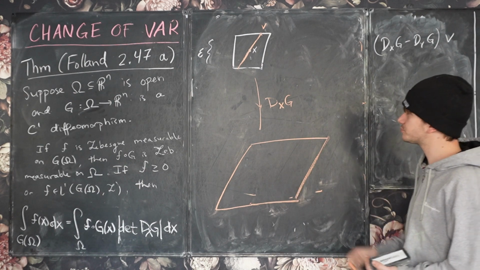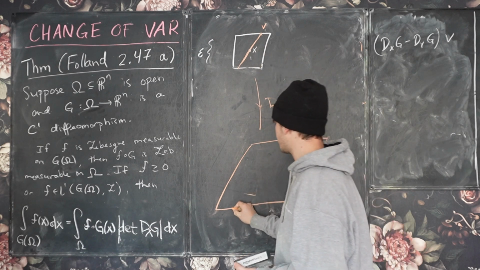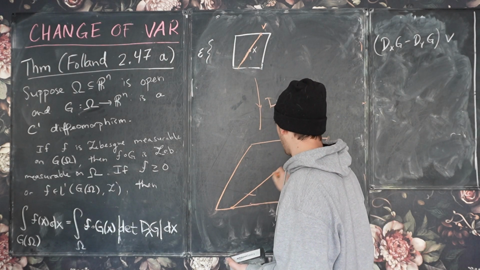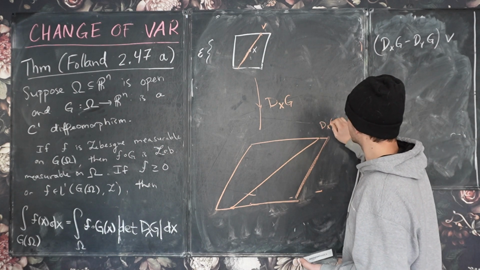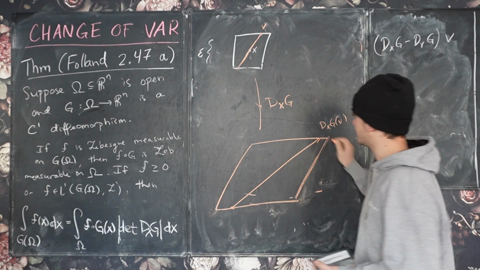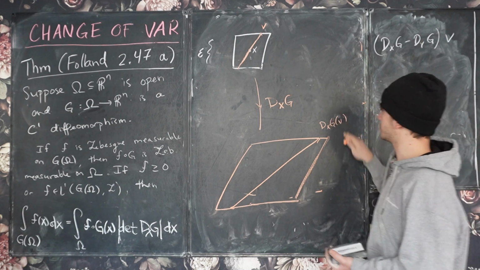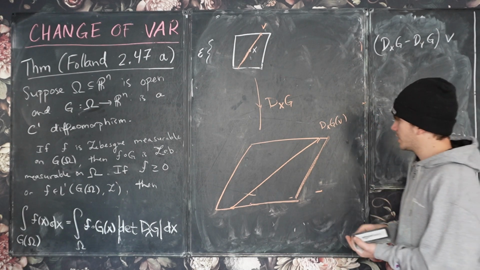This line is going to get mapped to a new line, maybe like this, where this is dxg of v, the direction of this line, which is the image of v under this linear map. Right.